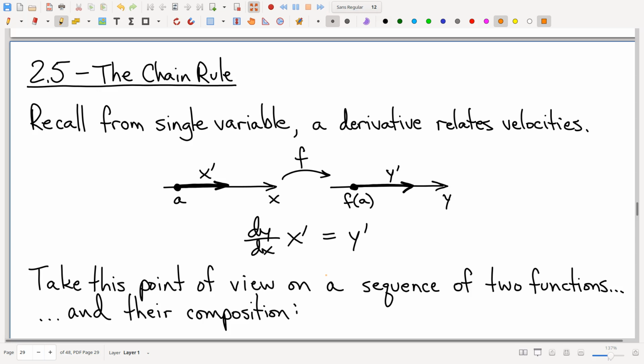I'm going to take a very deliberate, narrow point of view on the single variable chain rule. This is arguably, I haven't kept track, but it may be the first example of something I'm going to do a lot in this class, which is build up to multivariable ideas by taking a very specific and particular point of view on the single variable version.